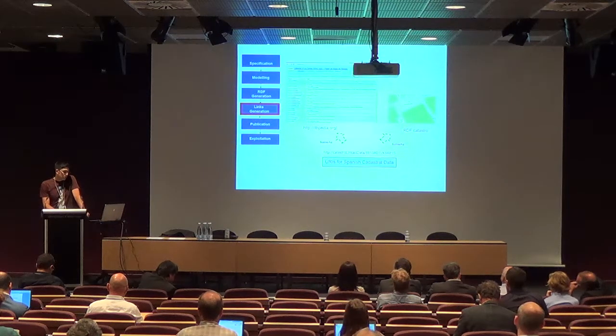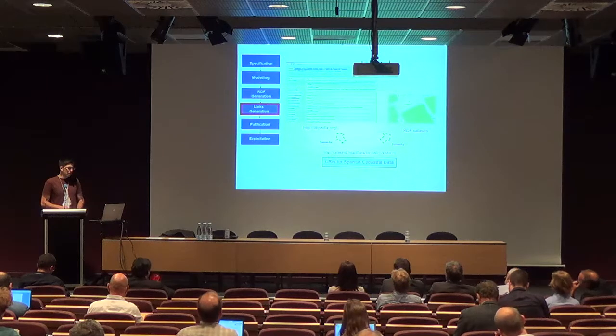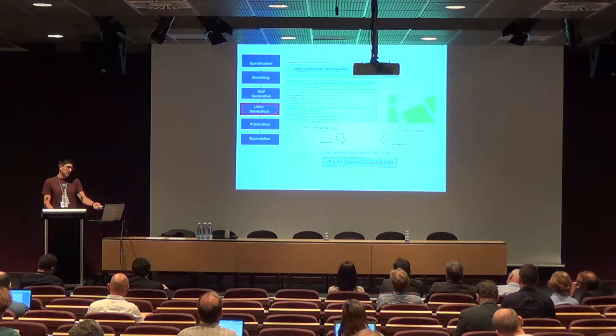Yeah, once we have the RDF and we have the URIs for the elements, for example, the URI for the element there in the Spanish cadastral data, we have a cadastral parcel, and in this case it's one urban cadastral parcel.